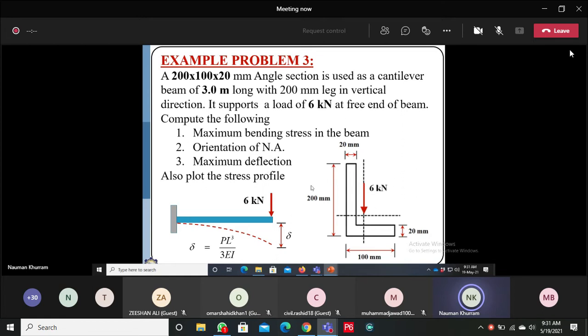To plot the stress profile, we need to determine the stresses at all corner points. To determine the deflection, we are already familiar that the maximum deflection in a cantilever beam subjected to endpoint load can be computed by this formula. Delta will be maximum at the free end.